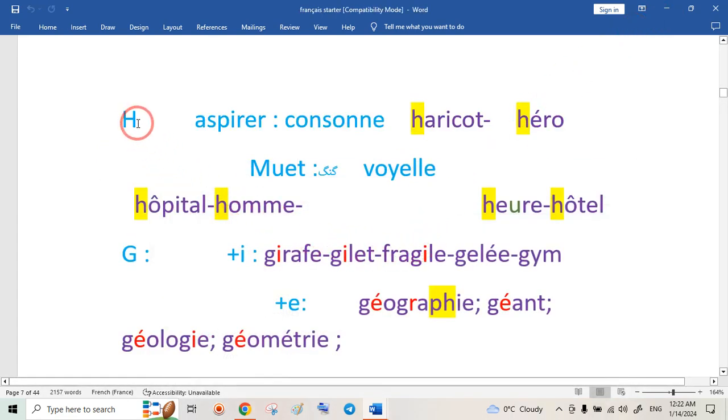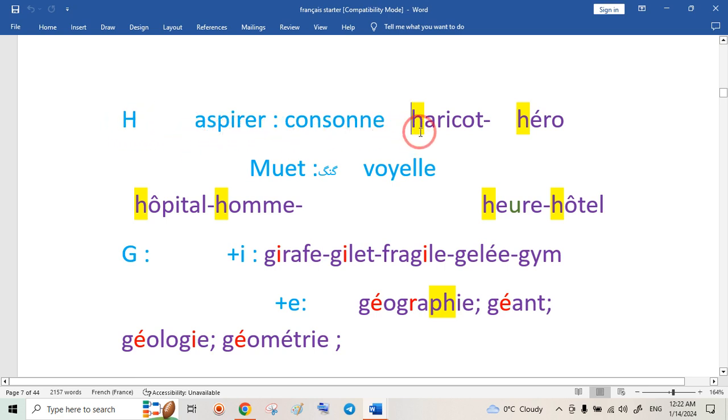So why did I tell you the rule of liaison? Because before going through H aspiré and muet, I had to explain the rule of liaison for you to have more understanding about this matter. H aspiré.